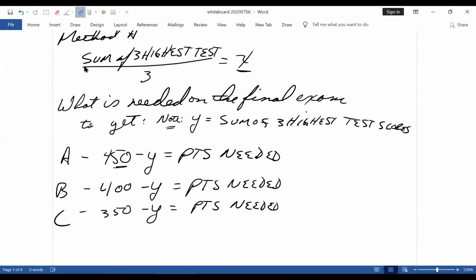All right, calculate Y. Y is the sum of your three highest test scores. I didn't have a chance to do it. Sometime this week, I'll put it up in Blackboard. And by the end of the semester, I'll have all your points in Blackboard filled out.